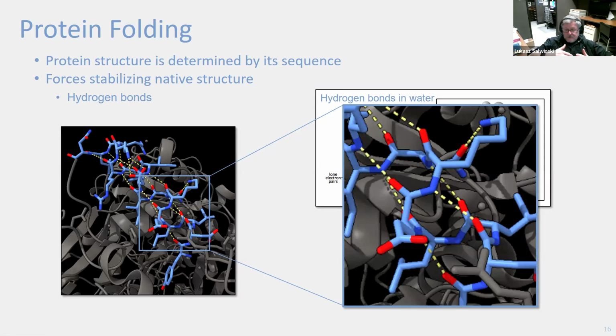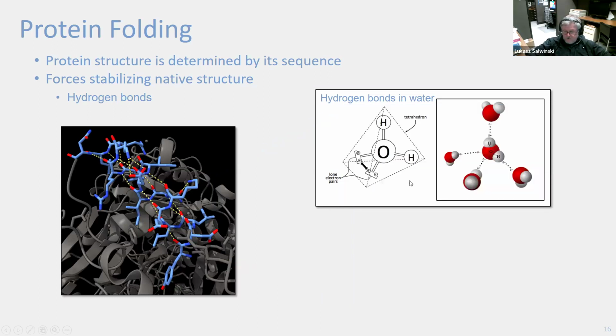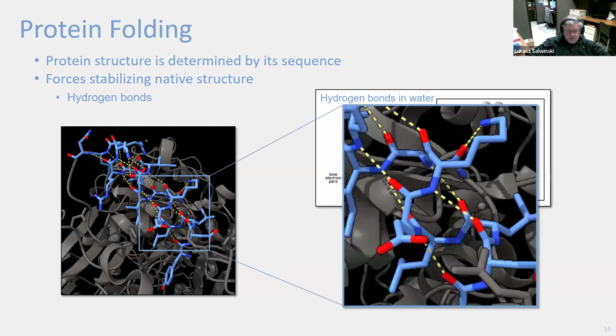Those are interactions that are essentially electrostatic in nature. As you've seen, there's a partial positive charge on the hydrogen and a partial negative charge on the oxygen, and those two charges attract and are responsible for the formation of hydrogen bonds. We can obviously also have interactions between charged atoms.